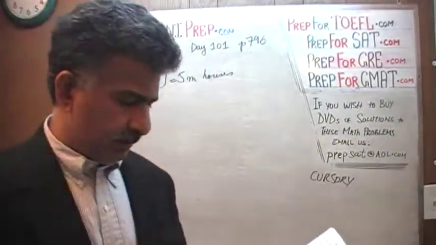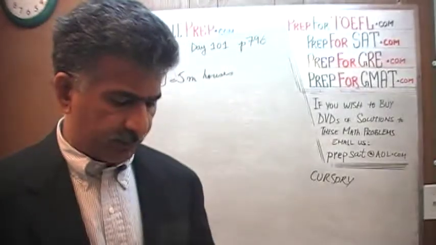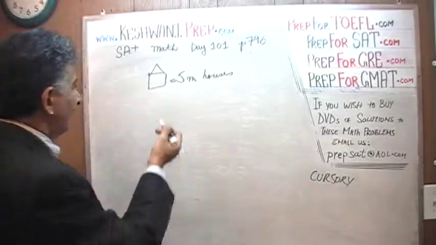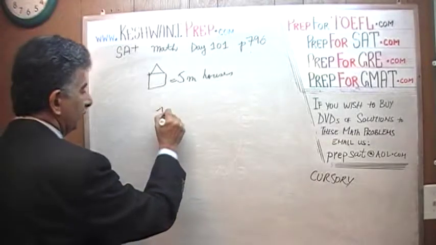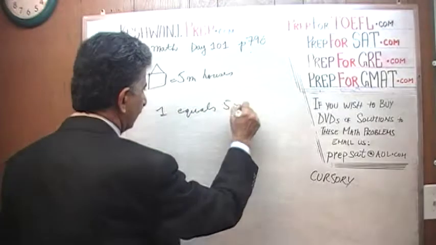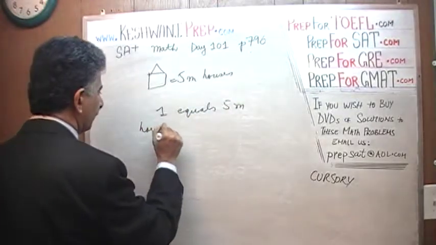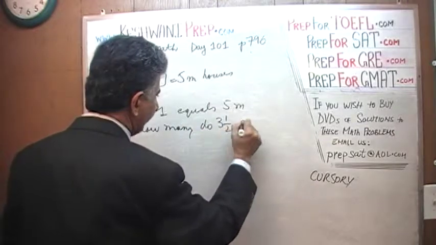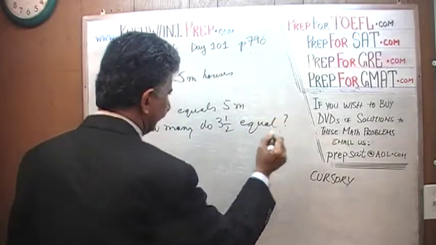Approximately how many new houses are represented by the symbol? And the symbol that is given to us is 3.5. So 1 equals 5 million. Question is, how many do 3.5 equal? Well, let's find out.